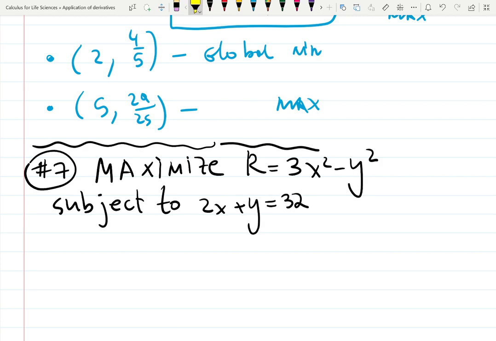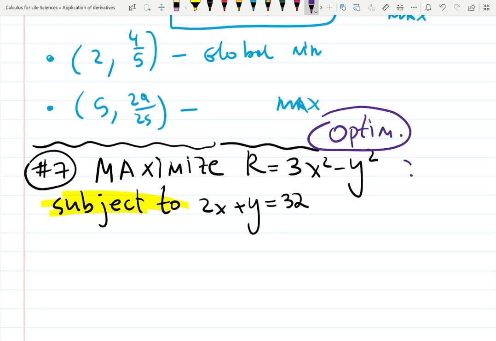Who remembers what kind of chapter this even is? Optimization, yeah. Like the 2x plus y equals restriction. Yeah, exactly. Constraints, yeah, restrictions. Good job. So you guys remember the box problem, the fence problem, the business problem. We always build an objective, so this is an optimization problem, optimization chapter.